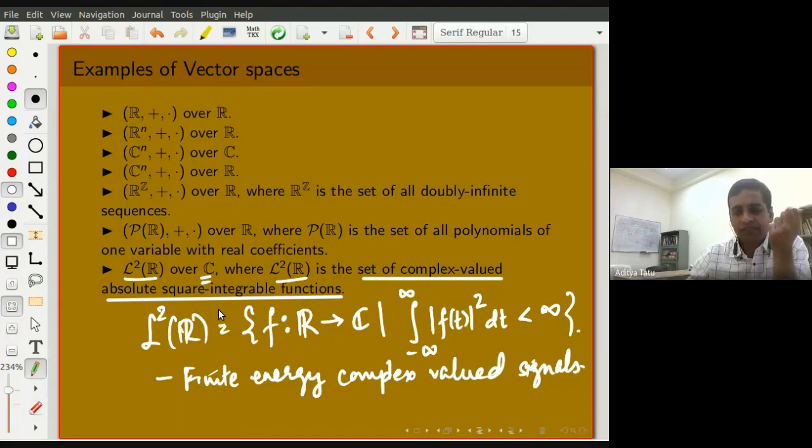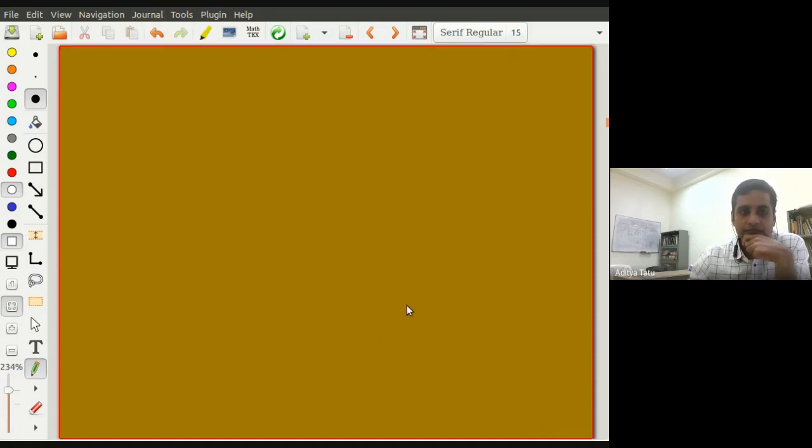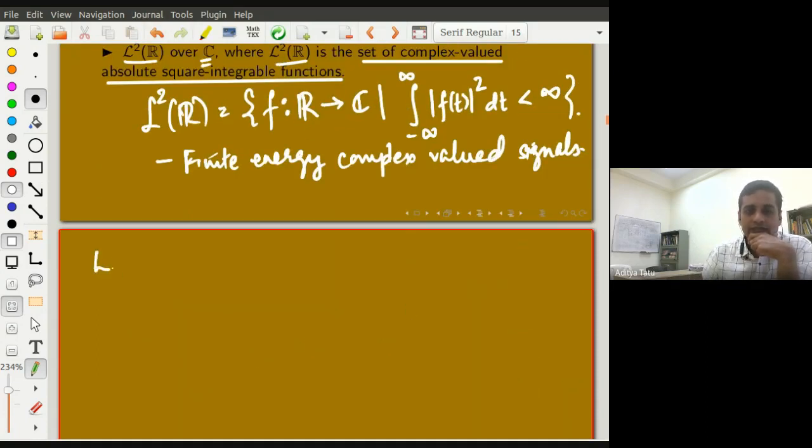Specifically speaking, how do I define vector space addition here? Let f and g be two finite energy signals, or square integrable complex-valued signals.